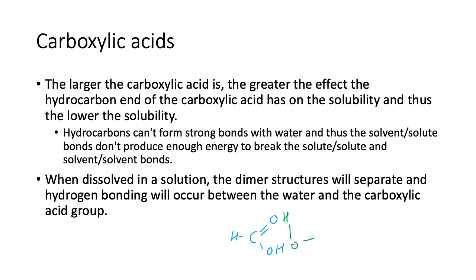Maybe it'll go like that, and it will form hydrogen bonding here and here. And the other methanoic acid that was bonded as a dimer to that one can also bond with the water molecules around it.